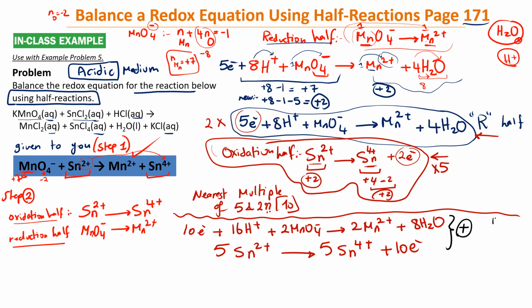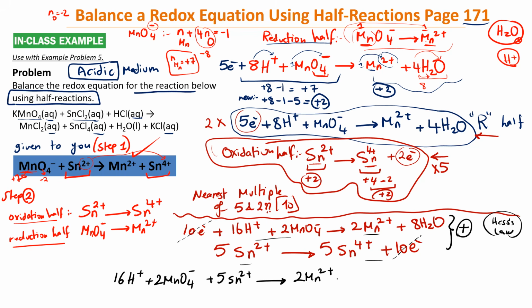Do you remember Hess's law? Hess's law from the first chapter, when we added the equations, we added the reactants together and the products together. So when you add these, of course you know that the 10e, the electrons, cancel each other. Why? Because one is on the left and one is on the right. Okay? So when we write it down, it will be 16H plus 2MnO4 minus plus 5Sn plus 2 gives us 2Mn plus 2 plus 8H2O plus 5Sn plus 4.